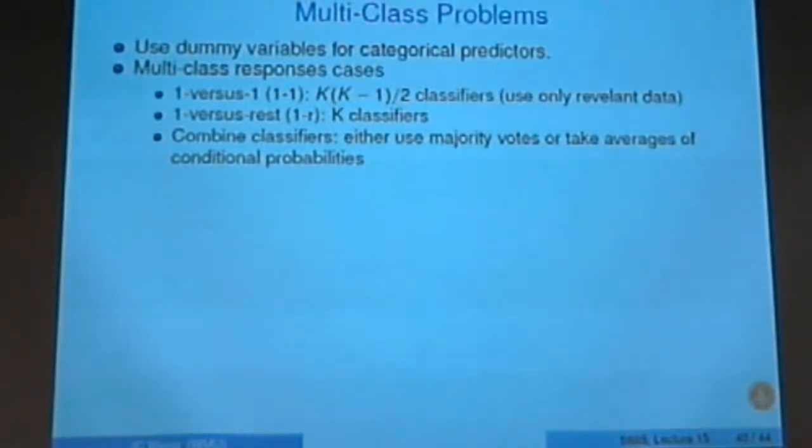You can use majority votes or take the average of the posterior conditional probabilities.